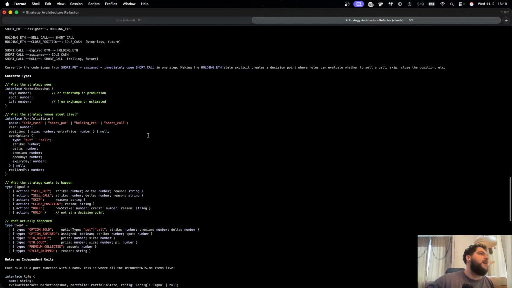So concrete types, what the strategy sees: market snapshot, day, spot, and IV. What the strategy knows about itself: idle cash, short put, holding ETH, short call.